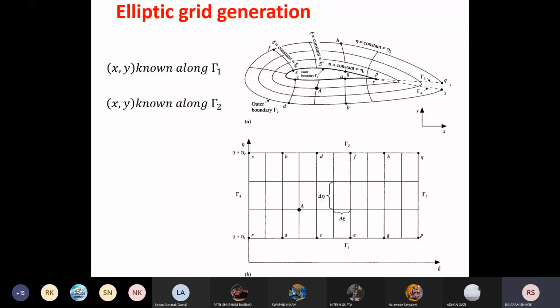Now consider again the aerofoil enclosed by the curvilinear grid. For getting the mapping of this grid from the physical plane to the computational plane, let us imagine the grid which is drawn on the top surface.